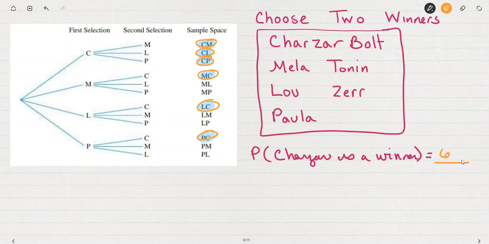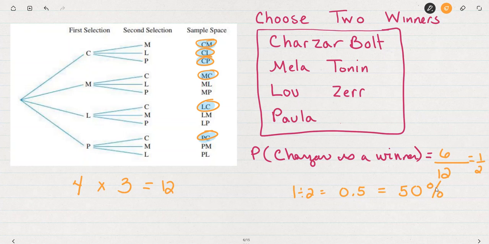And if I look at how many names there are for the first selection, there's 4, and then 3 more for the second. So it looks like the denominator is 12 again. There's 12 items total. So Charizard's chance of being one of the 2 winners is 1/2. If you divide 1 by 2, you'd get 0.5. So we could write that as 50%.